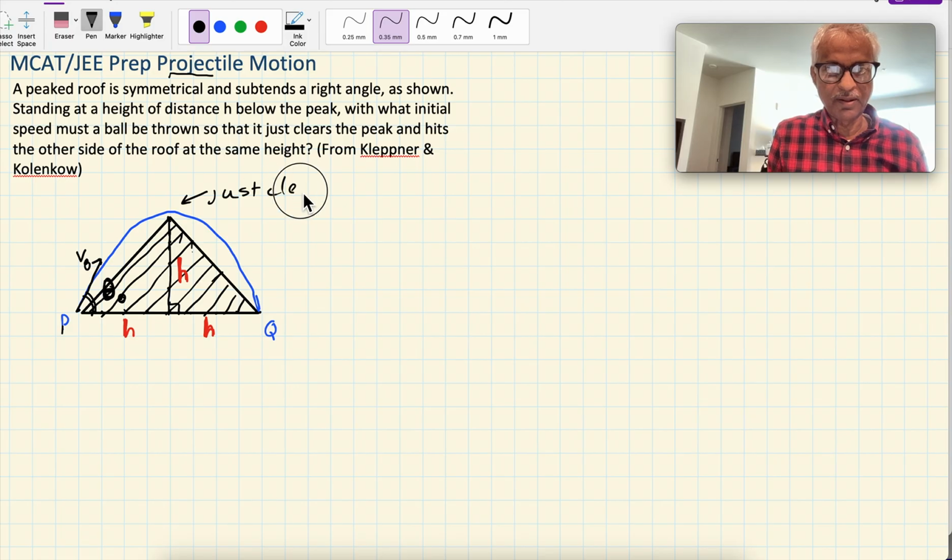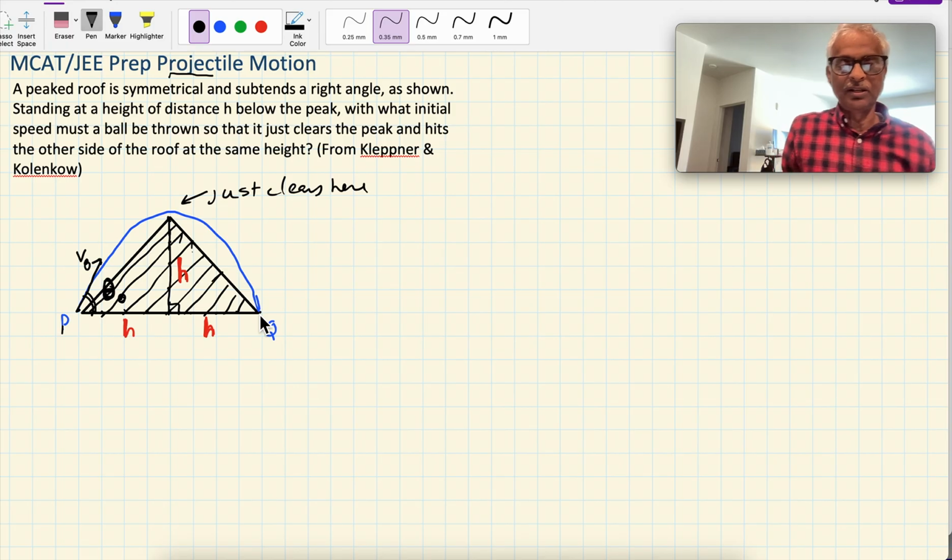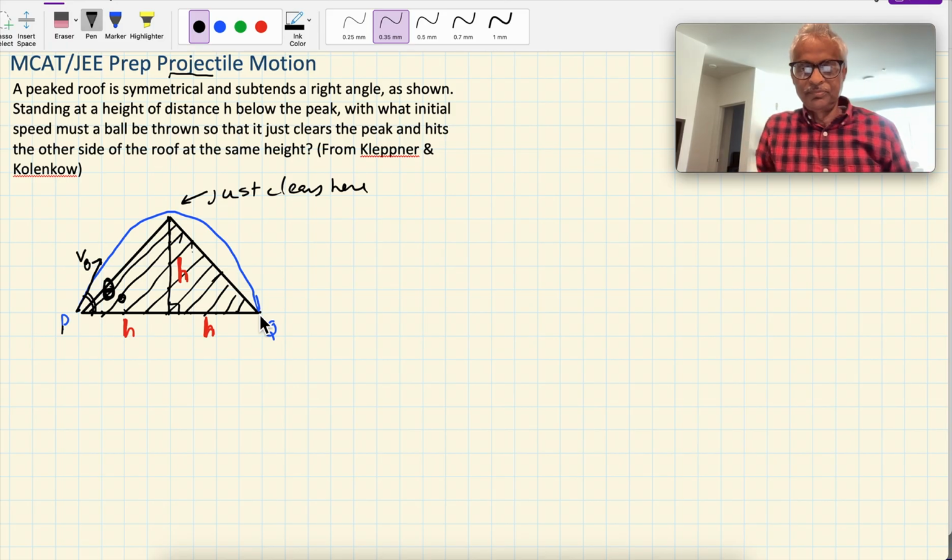Just clears here. And from here to here is h, and here to h. So the height and the range are kind of related.